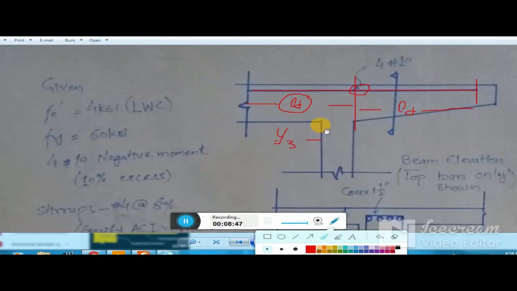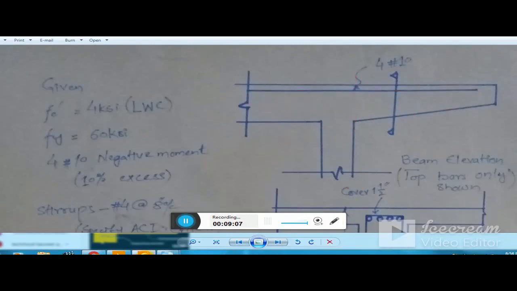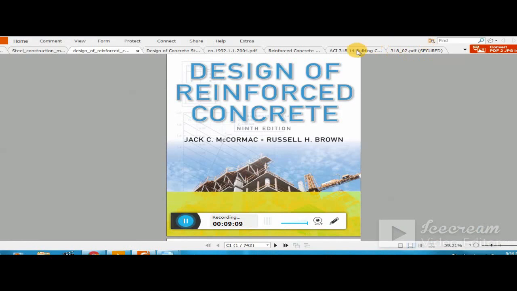It works when you have equal panels and uniformly distributed load. But actually, you must know the basic formula for how we can calculate it.